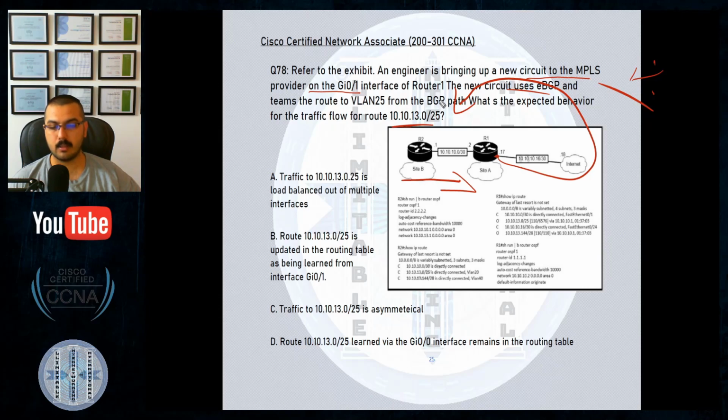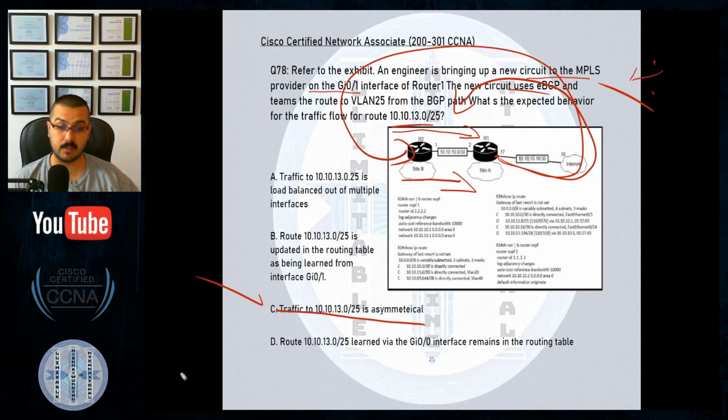What will happen in the future? Whenever this router R1 receives the subnet from this way, it will reply through the internet. So this is called asymmetrical routing. Okay, asymmetrical routing. That will be C.